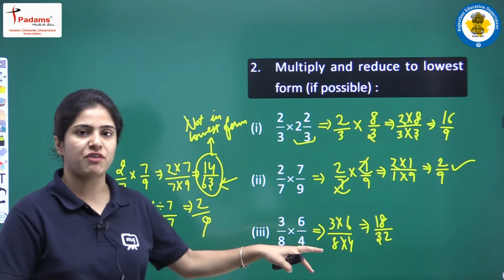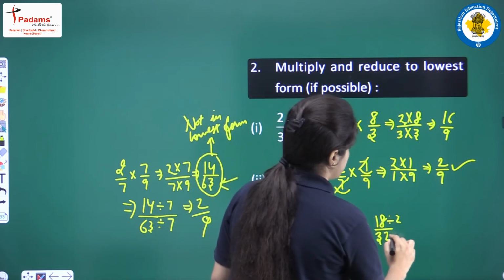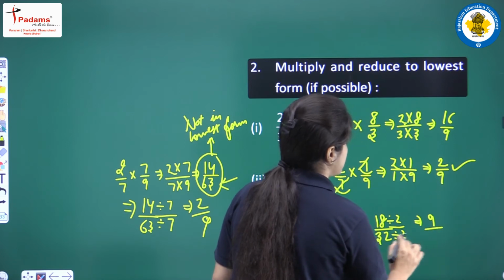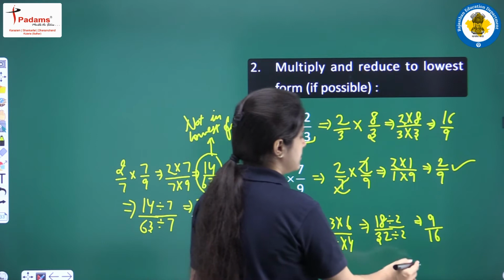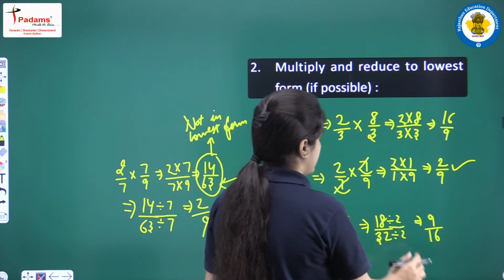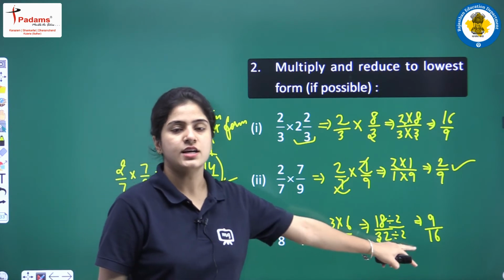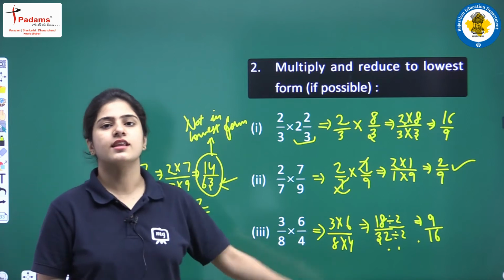You can divide it by the table of 2. Divided by 2, divided by 2. 18 divided by 2 is equal to 9 and 32 divided by 2 is equal to 16. So the answer will turn out to be 9 upon 16. So now this is in the lowest form.